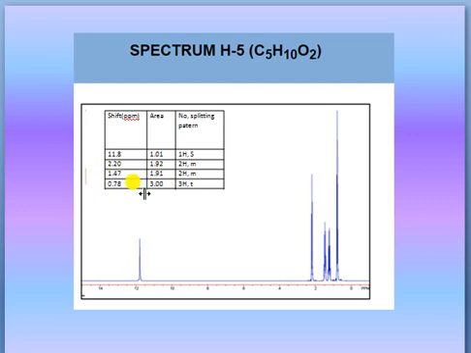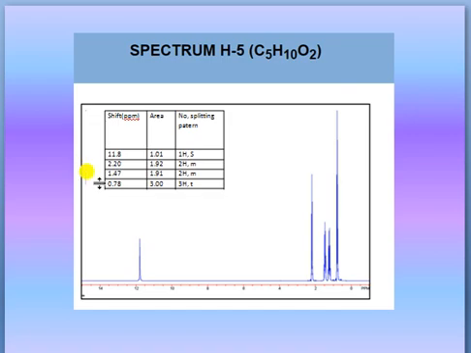This methyl means an aliphatic terminal CH3 group attached to CH2. And this chemical shift is 11.8. 11.8 means definitely it is aldehyde or acid. Now aldehyde does not come at 11.8, so this is definitely an acid type of proton.